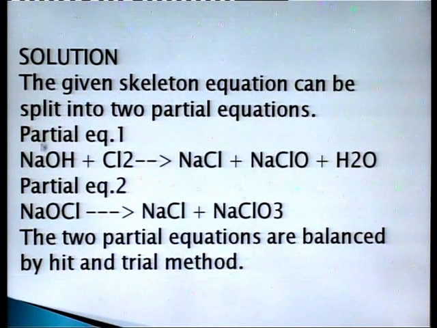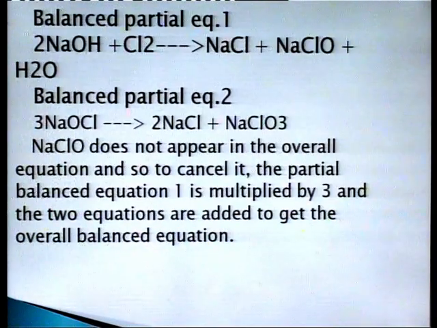Now let us balance these two partial equations by using the simplest method, that is hit and trial method. In the first step, the balanced partial equation can be written as NaOH plus Cl2 changing into NaCl plus NaClO plus water.